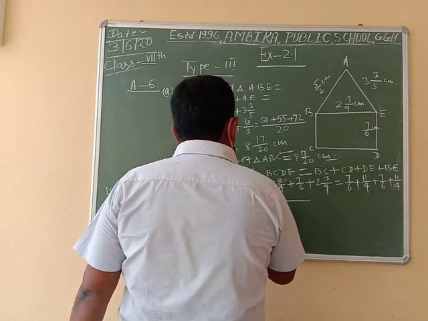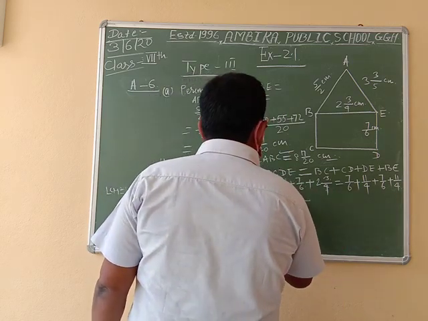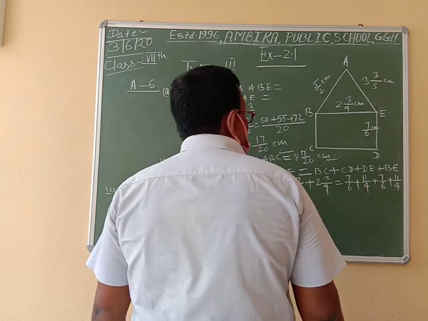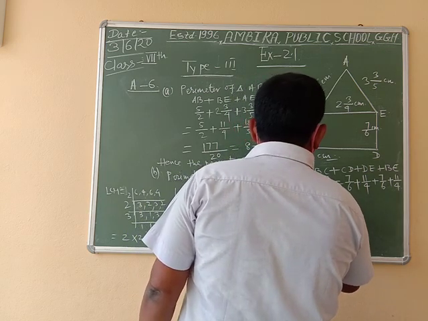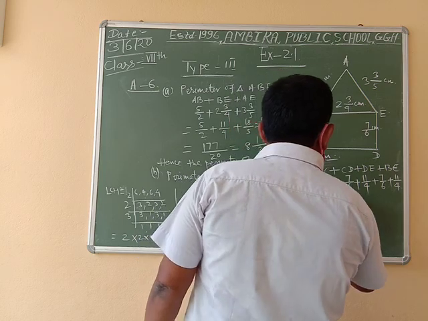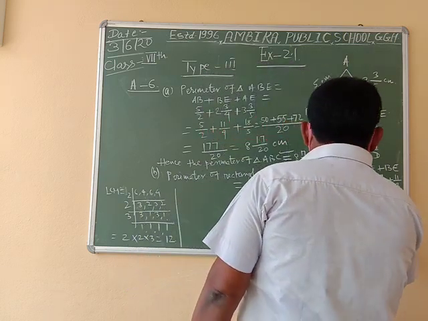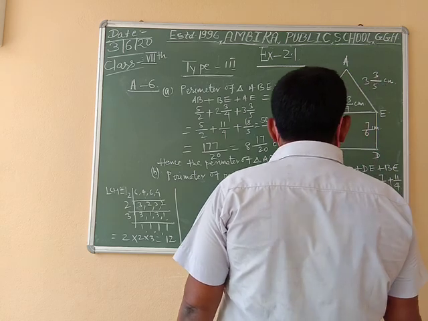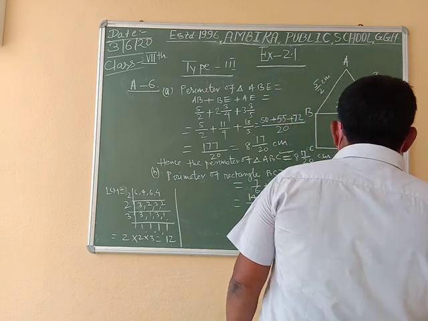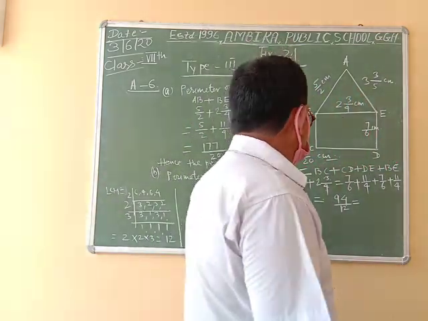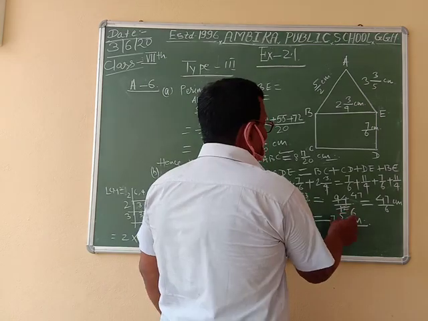6 2s are 12, 2 7s are 14, plus 33, plus 14, plus 33, is equal to 94 by 12. 94 by 12 is equal to 7 whole 5 by 6 centimeter.